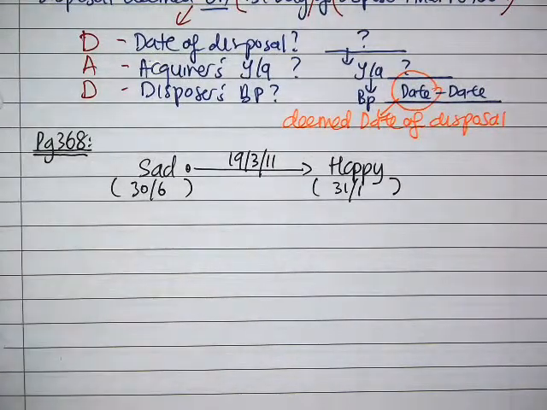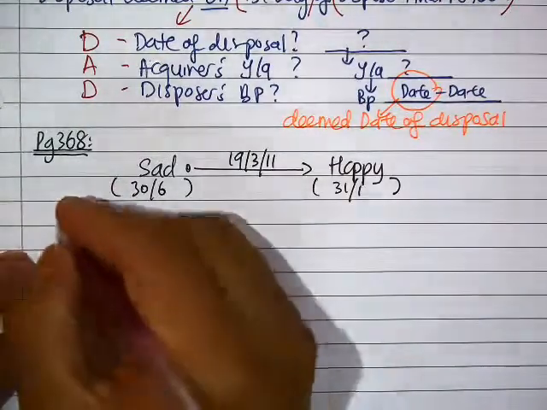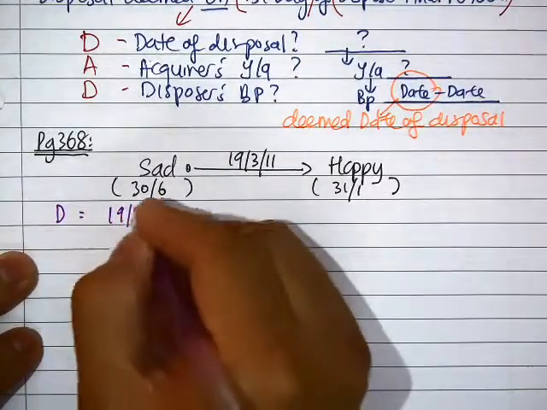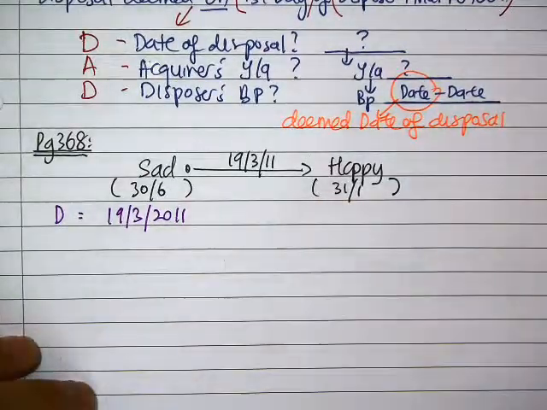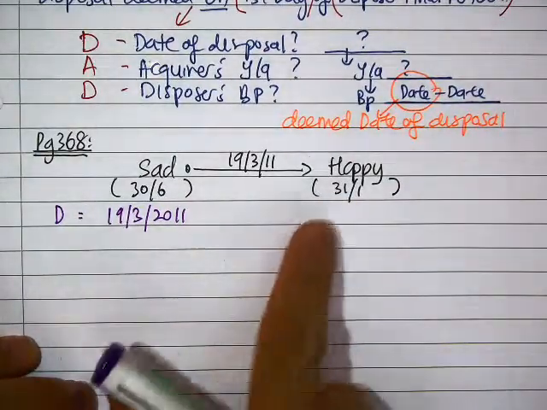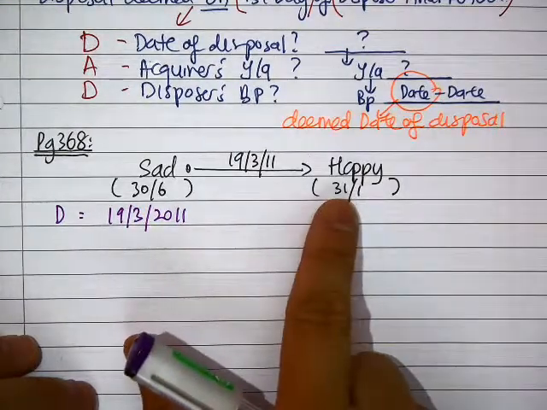So I need to know what is the deemed date of disposal. And I need to know how much is the disposal value, okay? So usually you need all these figures to explain. Now, so my date is 19th of March 2011. Happy is the buyer. Now you just follow the buyer, okay? The buyer year end is 31st January. So which YA is that?